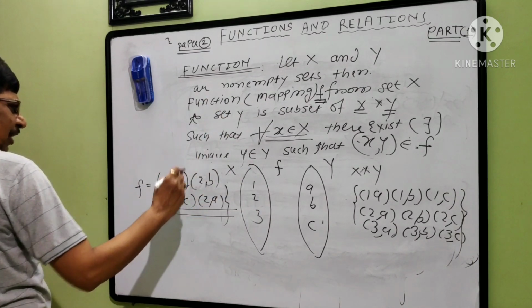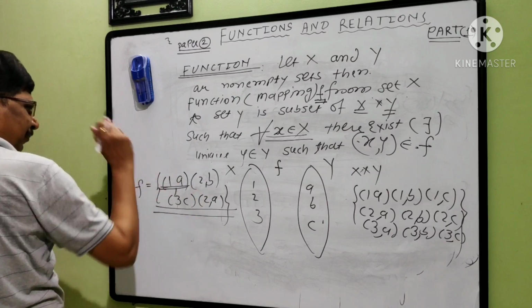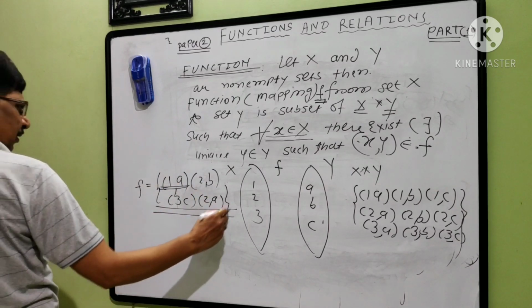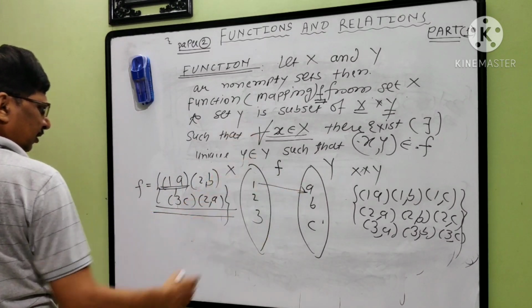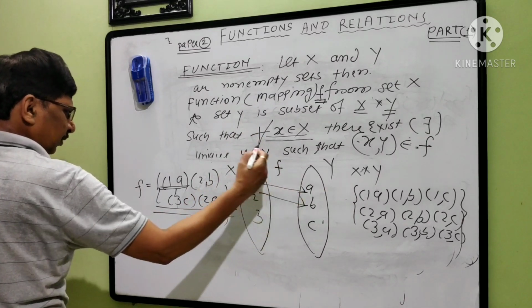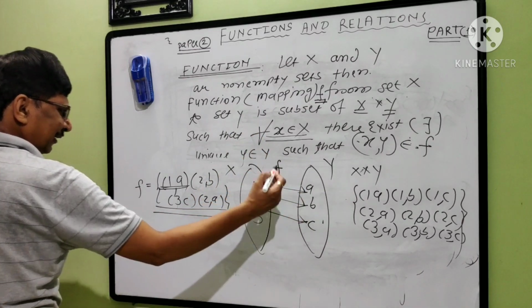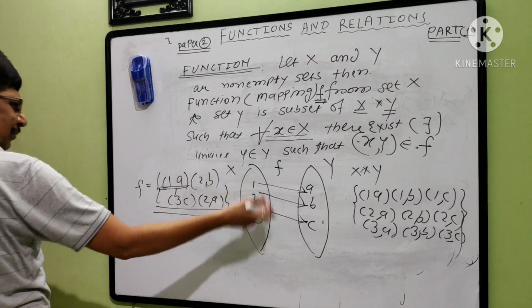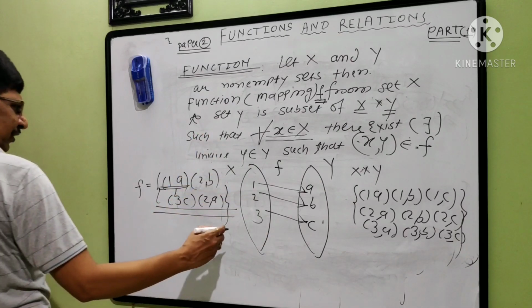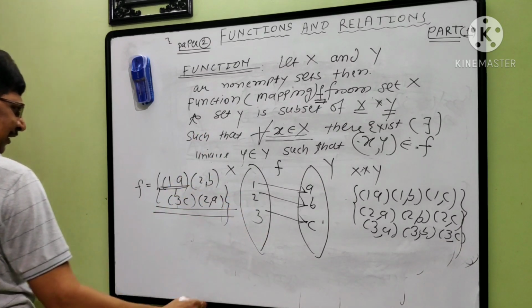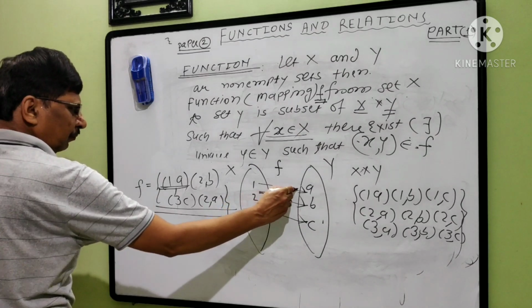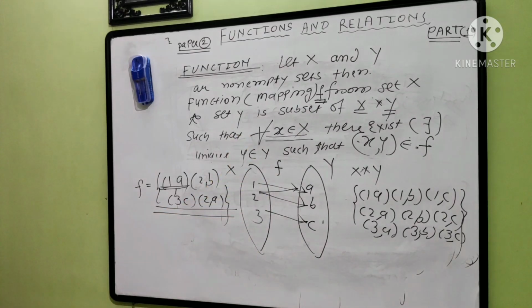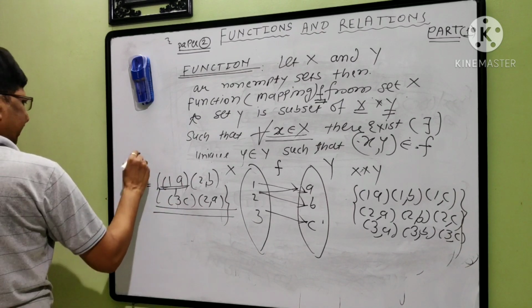Now I am going to construct this f. 1 is related to a, 2 is related to b, 3 is related to c. Again I am showing it by arrow diagram, and 2 is related to again a. Now see, I am going to discuss whether it is a function or not. This is one example.